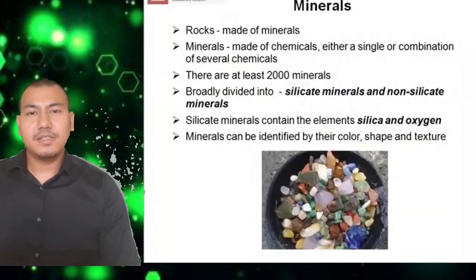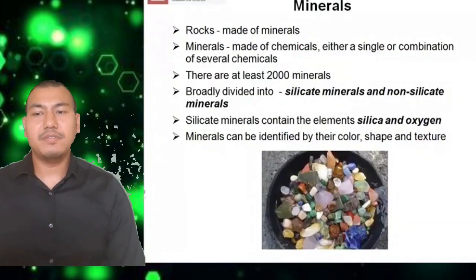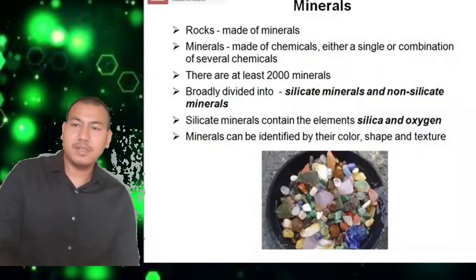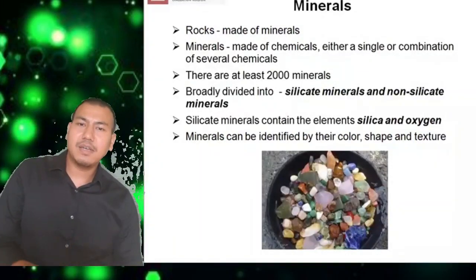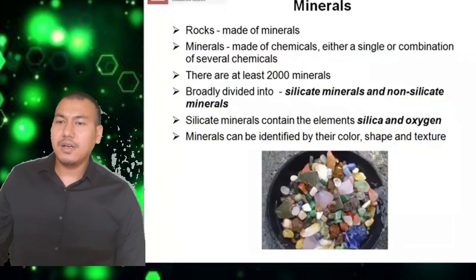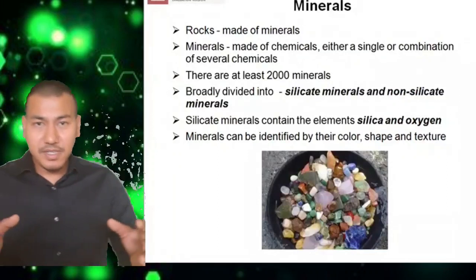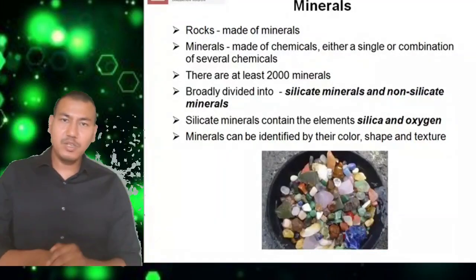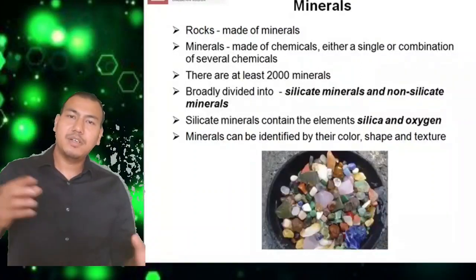Okay, minerals. So here, the minerals. What are minerals? Rocks are made up of minerals. We see different types of minerals inside the rock. Minerals are made of chemicals, either a single one or a combination of several. Minerals are made of either a single chemical element or a combination of different elements.